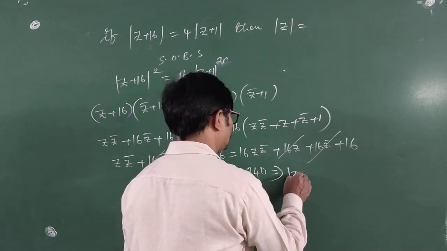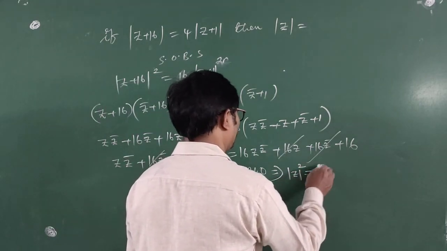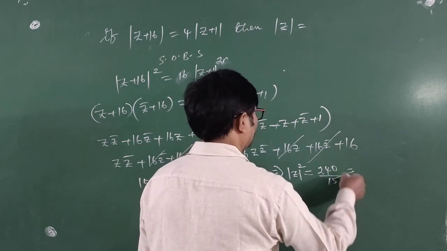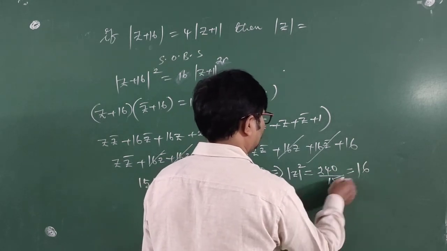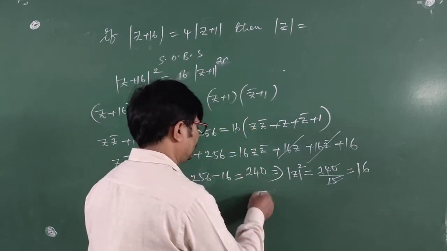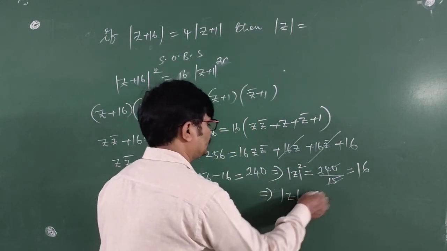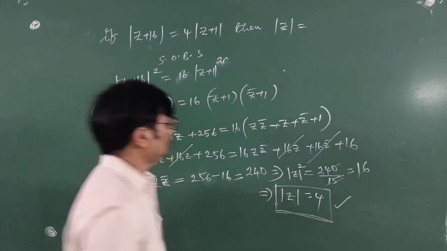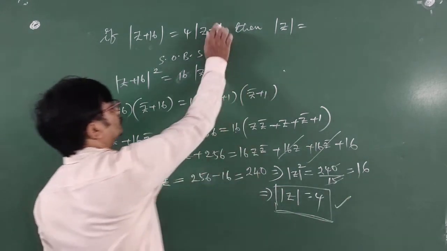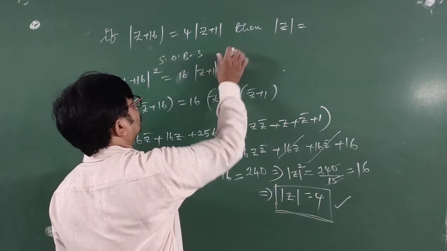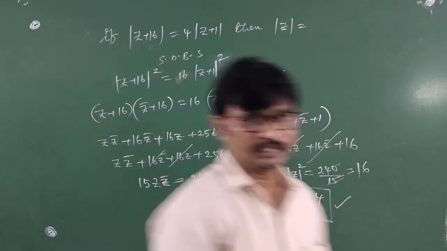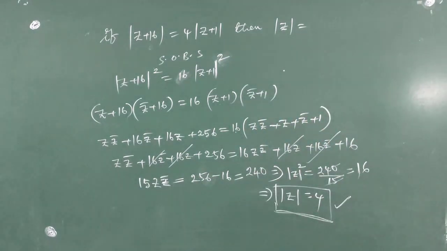So mod z square equals 240 by 15, which is 16. So students, the value of mod z equals 4. Write down, the value of mod z is 4.